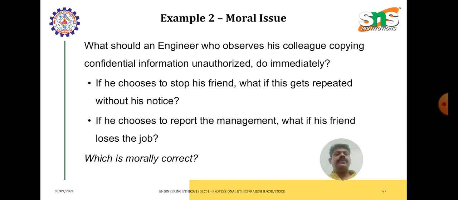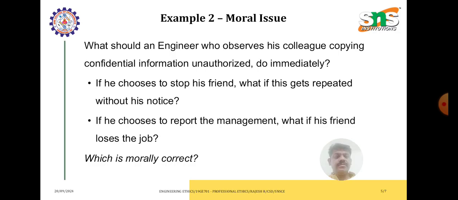Another example with a moral issue. What should an engineer who observes his colleague copying confidential information without authorization do immediately? If he chooses to stop his friend, what if this gets repeated without his notice?